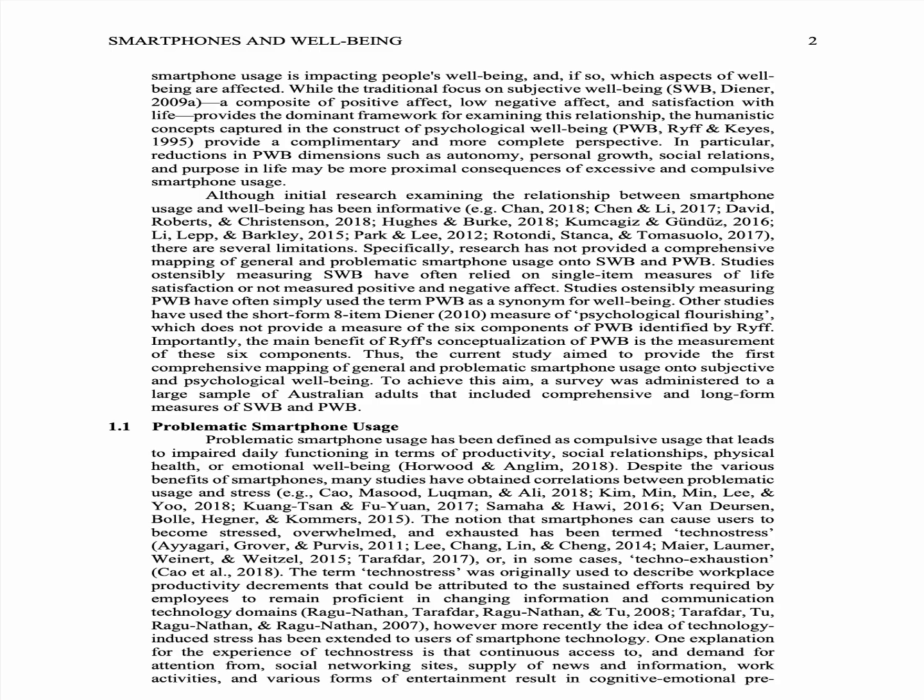And so they synthesize all these sources. Look at the sources that are there: Horwood and Anglim, Kao, Masood, Lukman, and Ali, Kim, Min, Lee, and Yu, Kwang San and Fu Yuan, Samaha and Awi, Van Duersen, Bol, Hegner, and Commerce. I apologize if I mispronounce any of those, of course.